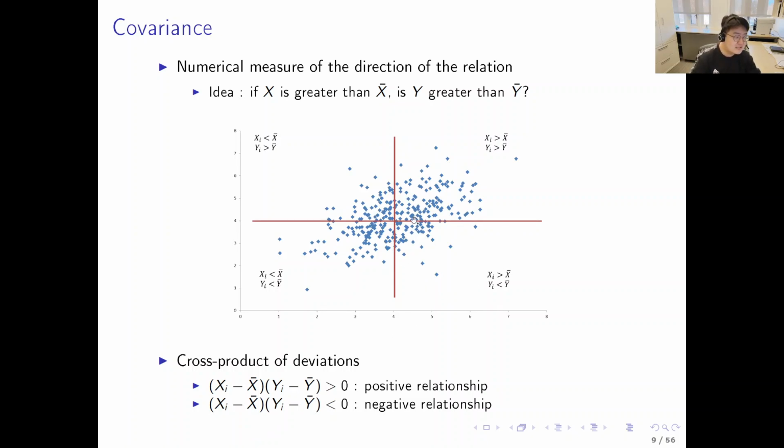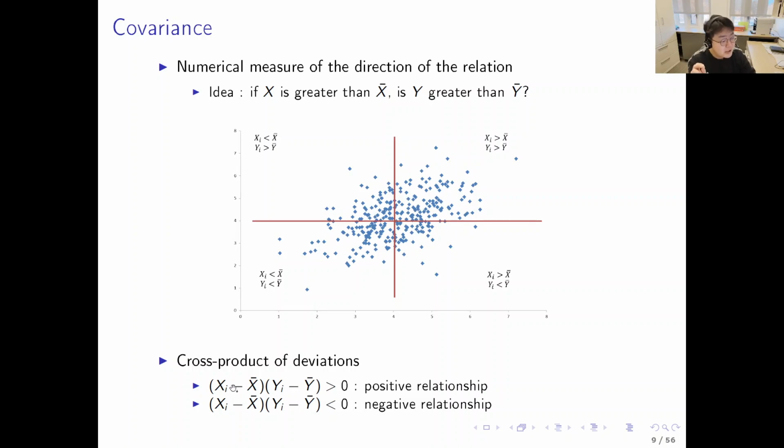So the second and the fourth quadrants have observations that have negative relationship. So their deviations will yield negative products. So this is how we quantify whether an observation has a positive or negative relationship.